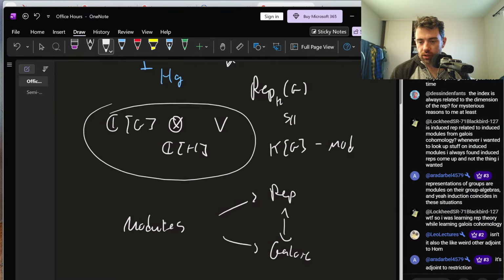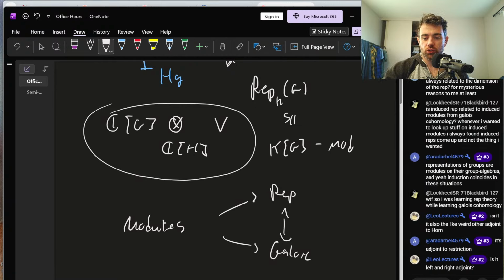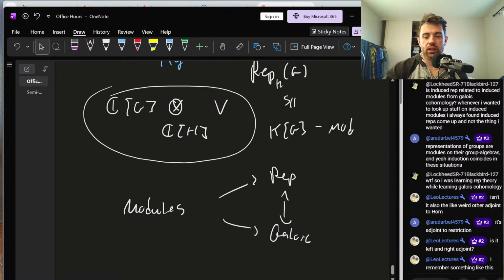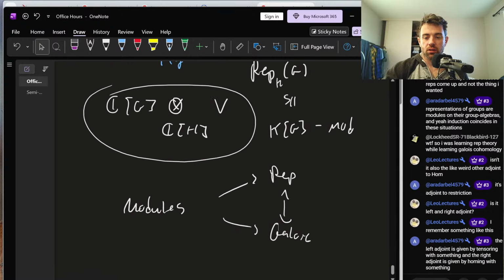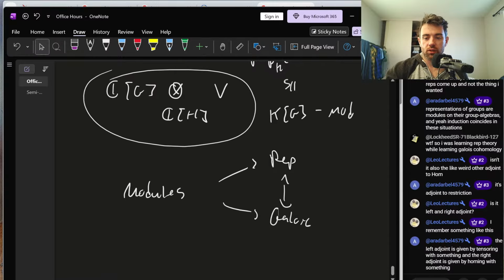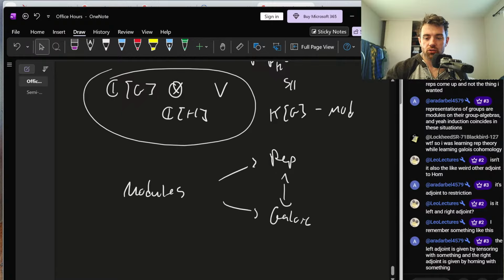Isn't it also like the weird other adjoint to Hom? Yes, induction's adjoint to restriction. Yes, I think for finite groups it's left and right adjoint. The left adjoint is given by tensoring with something, and the right adjoint is given with Hom.